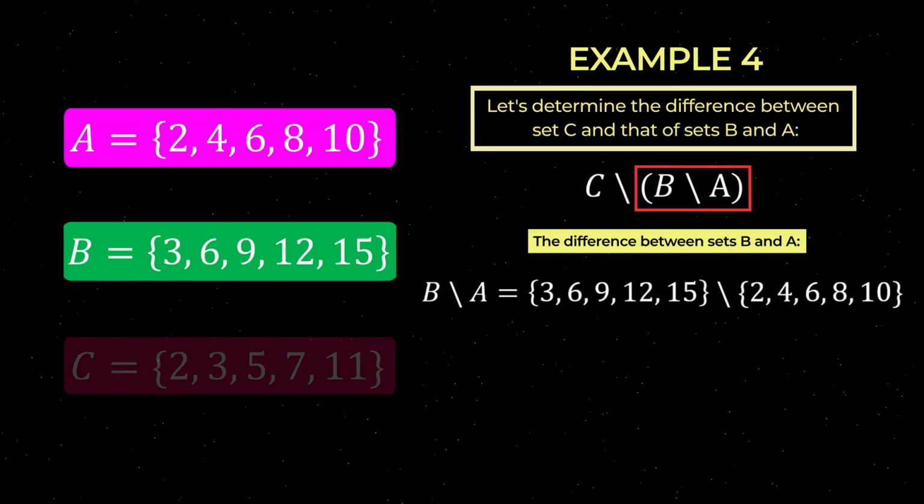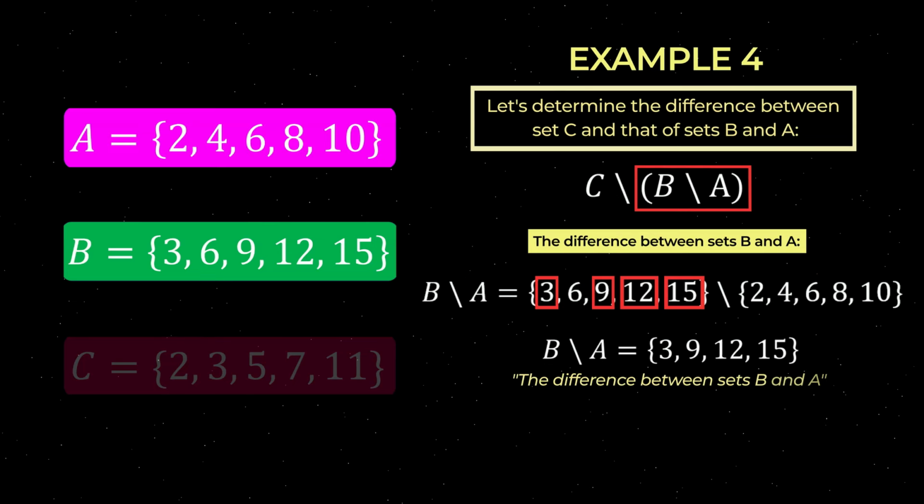As you can see, there are 4 elements present in set B that are not present in set A, and the elements are 3, 9, 12, and 15. Therefore, we conclude the difference between sets B and A is a set containing the elements 3, 9, 12, and 15.